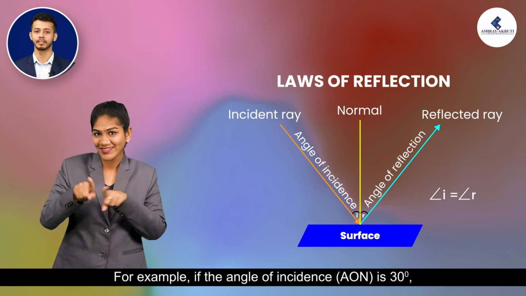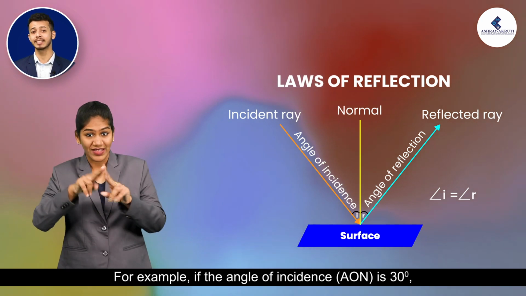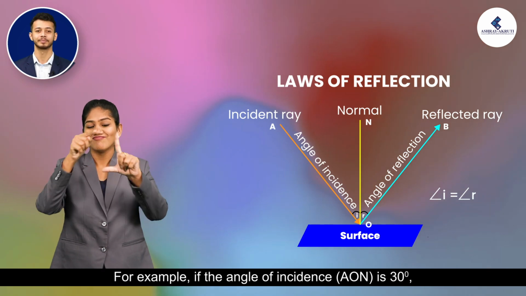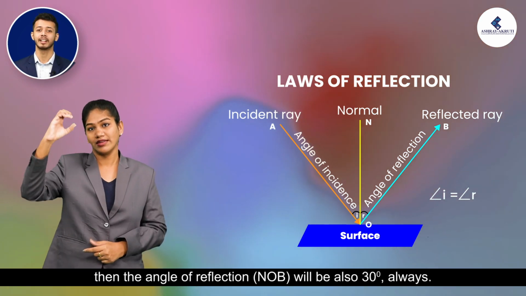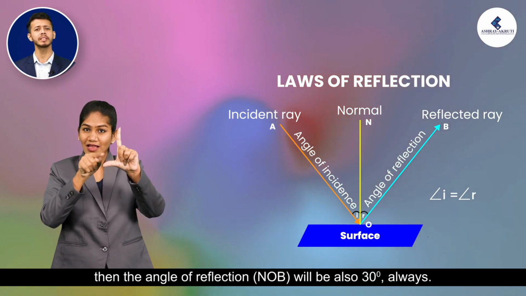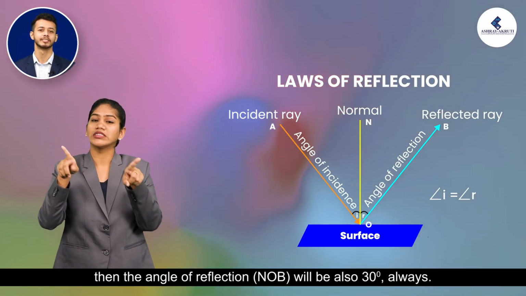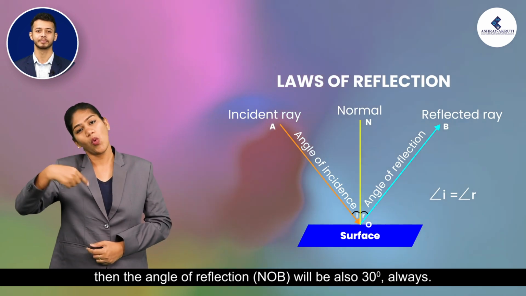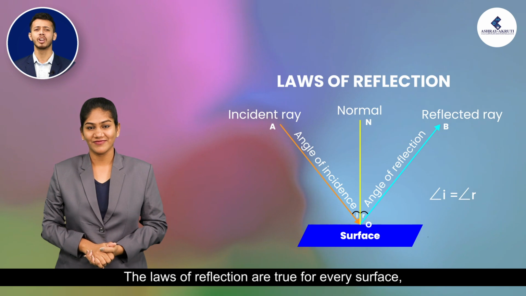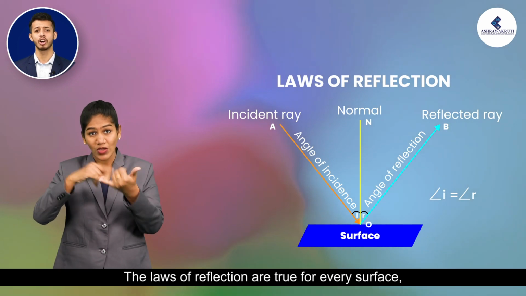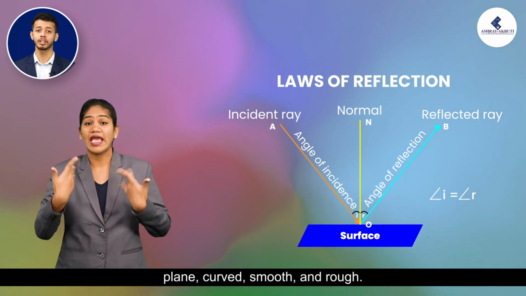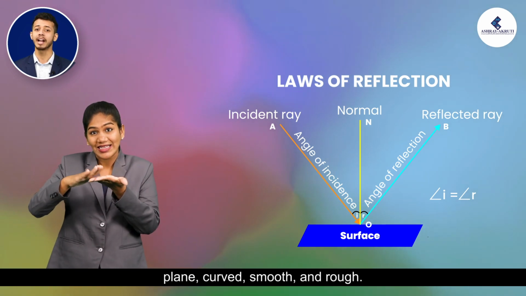For example, if the angle of incidence AON is 30 degrees, then the angle of reflection NOB will also be 30 degrees. Always. The laws of reflection are true for every surface: plane, curved, smooth, and rough.